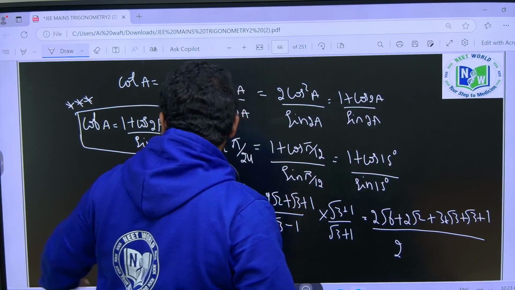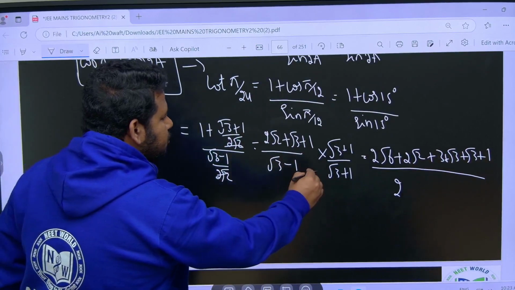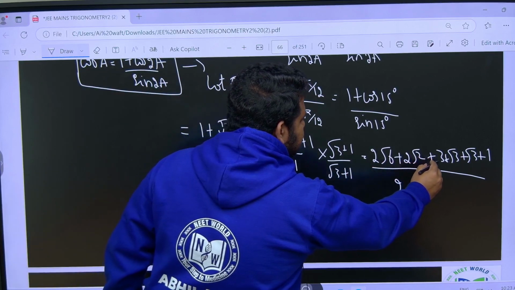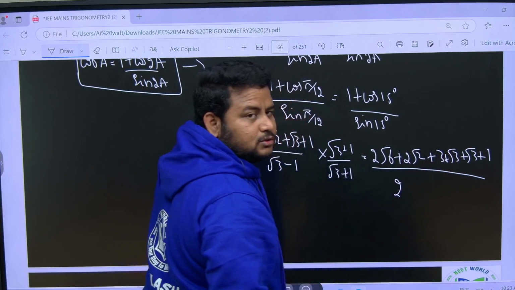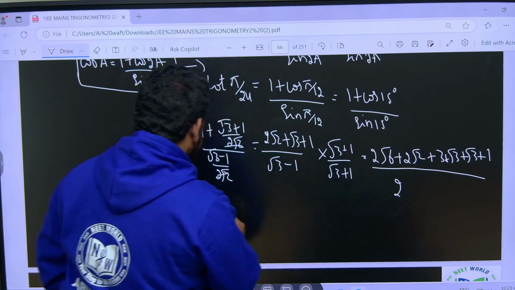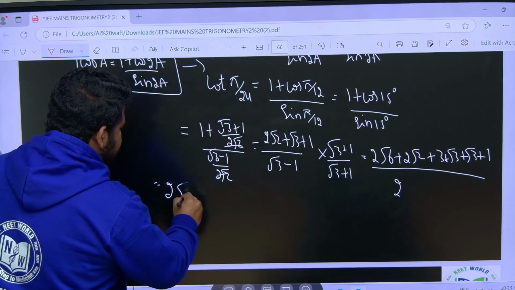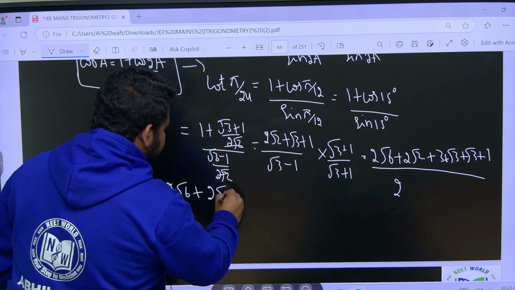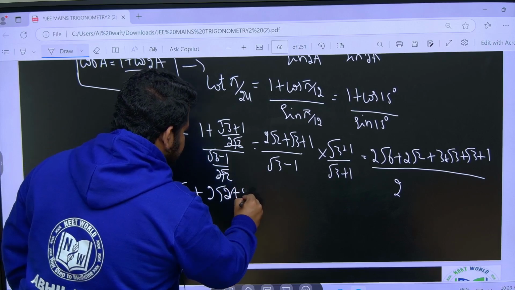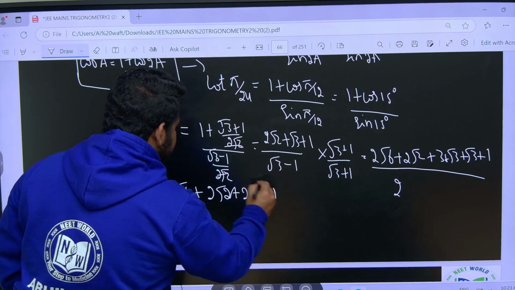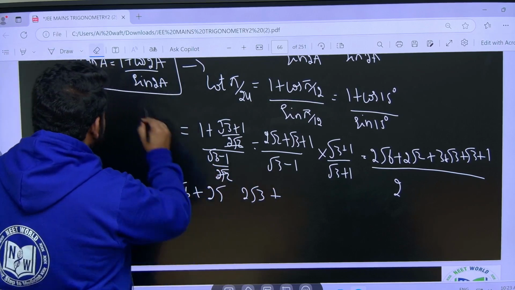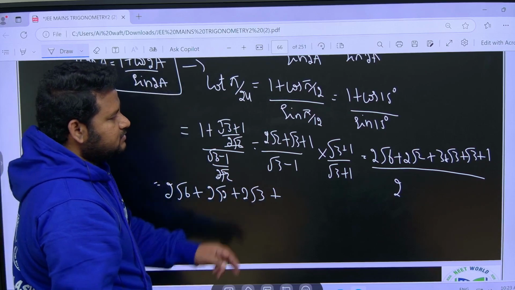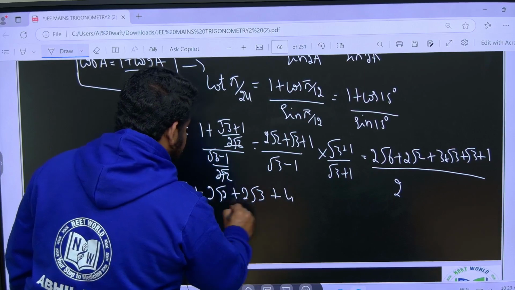Fine. So now what can I do? Here I have got 2 times root 6, 2 times root 2, and root 3 into root 3 plus root 3 is 2 root 3, plus 3 plus 1 is 4. Let me write it. So this will be 2 root 6 plus 2 root 2 plus 2 root 3 plus 4, divided by 2.